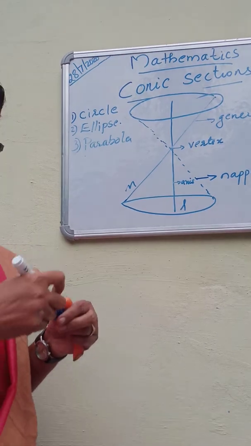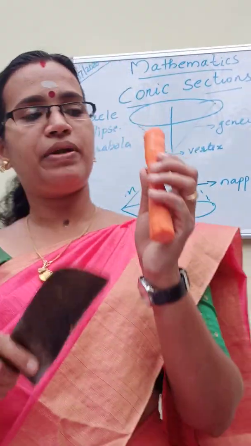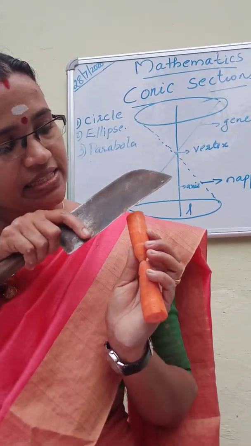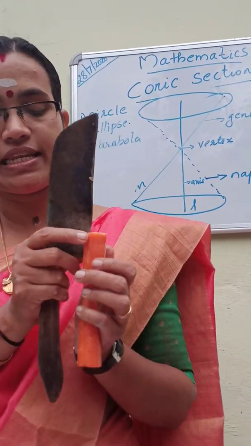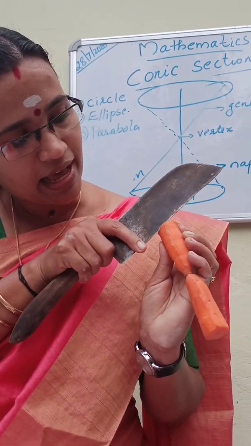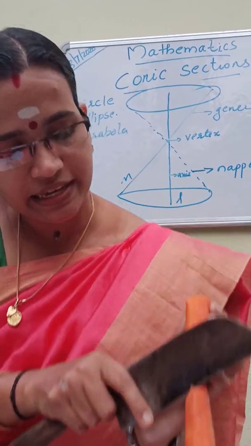Again I am going to intersect this double napped cone so that it intersects in both naps. I am being very careful in cutting this.